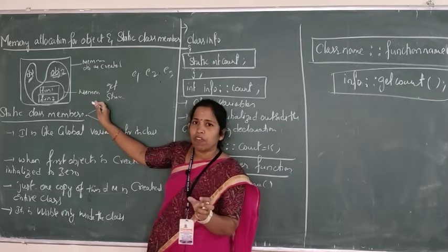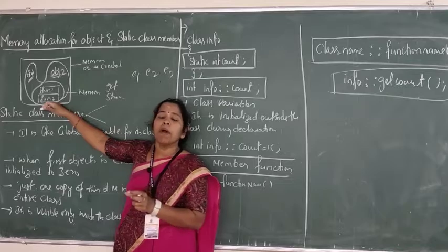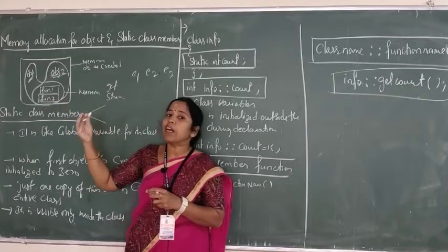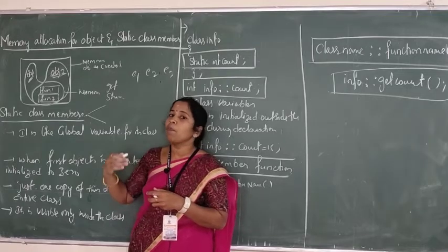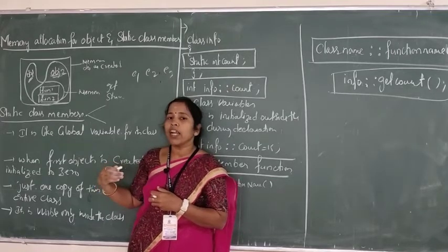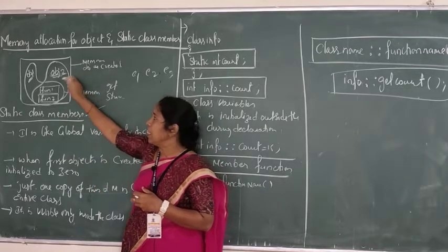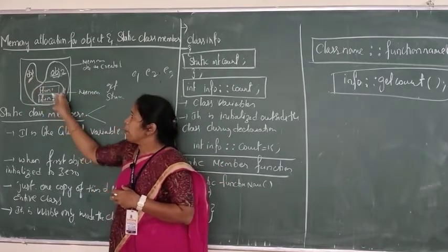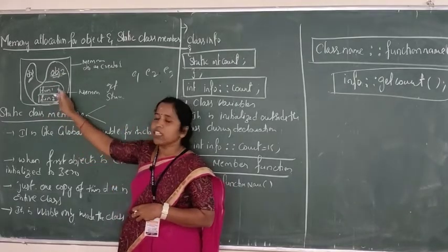So for the class members we have data members and member functions. For the member functions, only once the memory is allocated. For the data members, every time a new object is created, separate memory is allocated for the data members. That's why you see here object 1 is separate and object 2 is separate, but the common thing is the function.